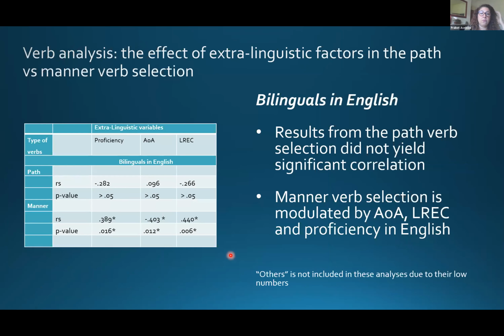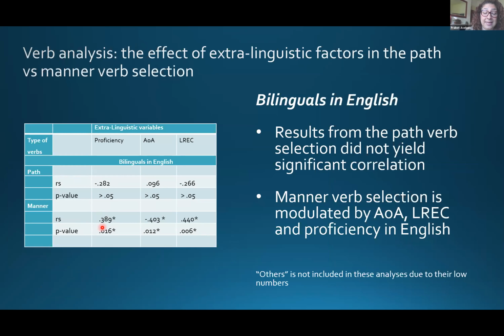So regarding the correlations of the extralinguistic factors, we found that in bilinguals in English, for path verb selection, there was no correlation, but for manner, we found correlation in the three variables that were analyzed.